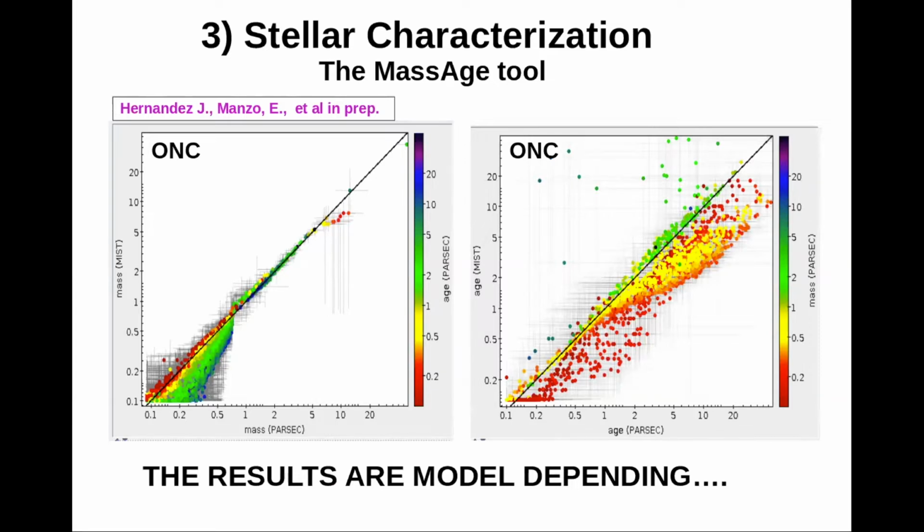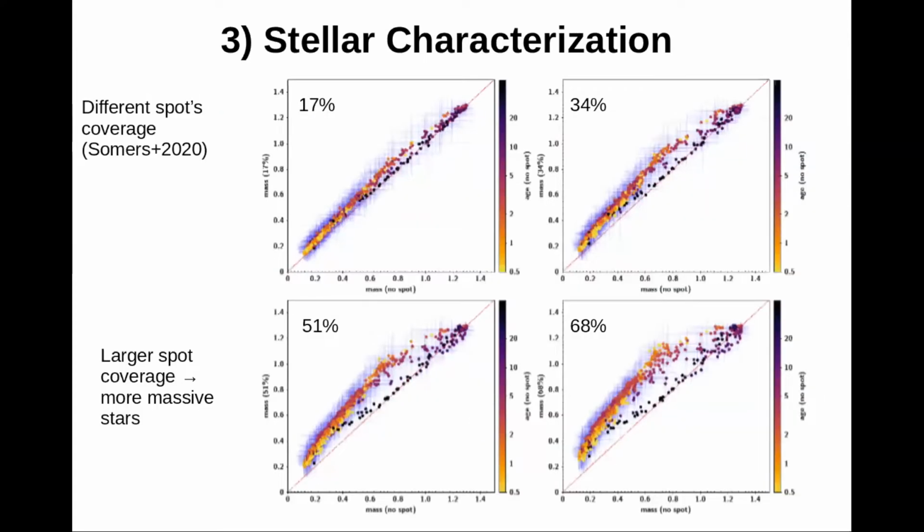The problem with non-standard models like this is that you need to consider some spot coverage to estimate reliable ages and masses.